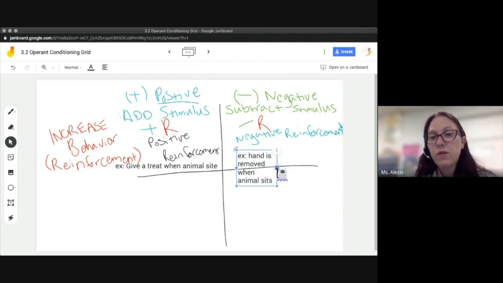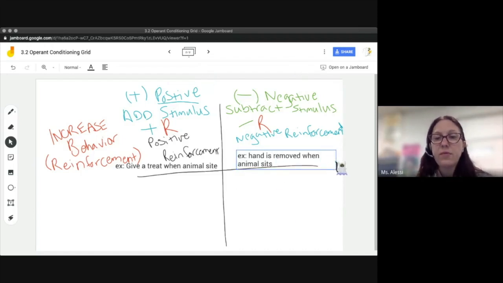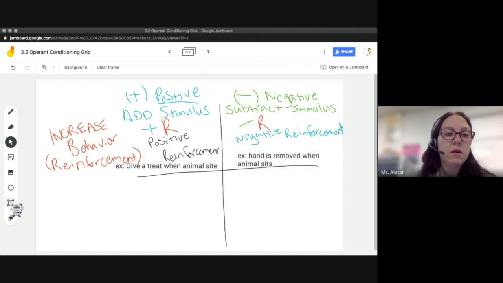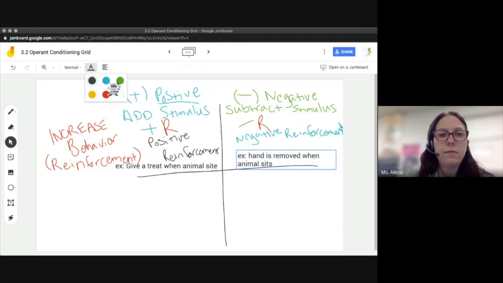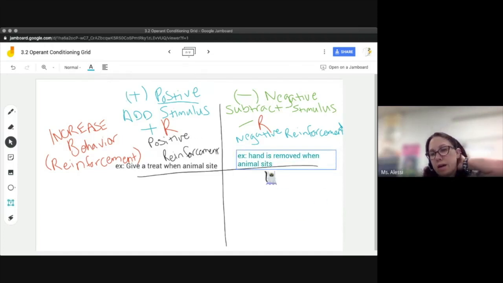There are a few other differences when we talk about these, but our example here is that the hand is removed when the animal sits. Because the animal sits down and the pressure goes away, it's going to want to keep that, right?